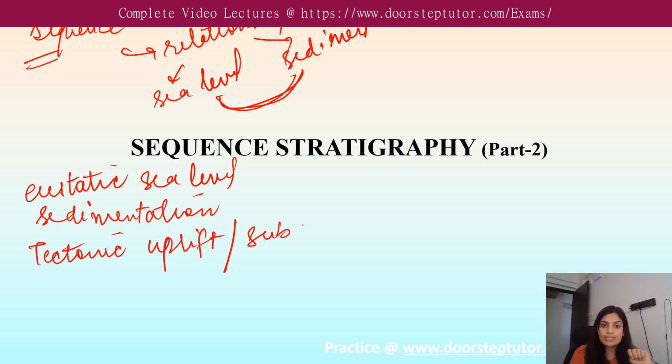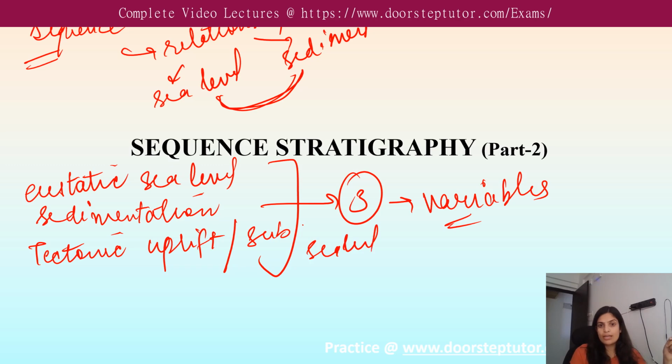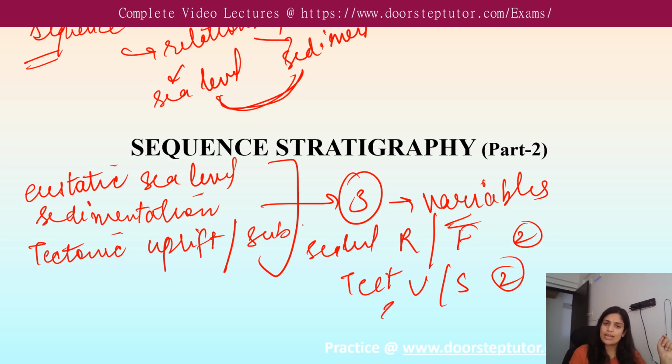So after that we discussed, when these three variables are presented, there are five certain scenarios which are formed, right? Whether there is sea level rise or fall, whether there is tectonic upliftment or subsidence, and something related to sedimentation, whether sedimentation is there or not, whether it is increasing or not.